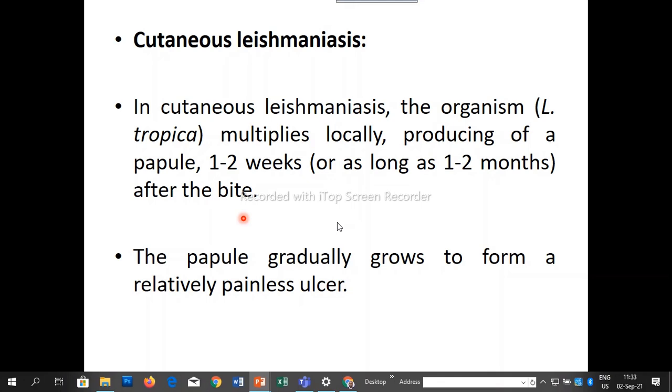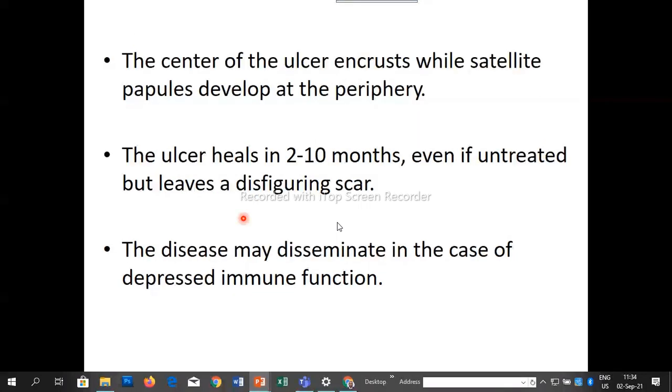The center of the ulcer encrusts while sterile papules develop at the periphery. The ulcer will heal in maybe 10 months, even if untreated, but leaves some disfiguring scars. Disfiguring means you lose your figure.